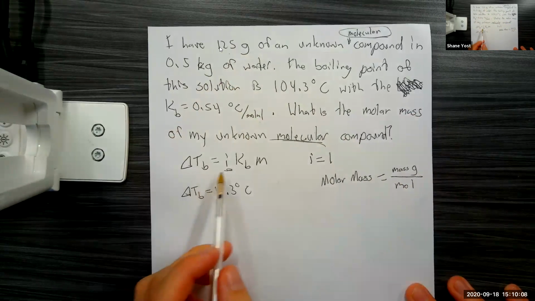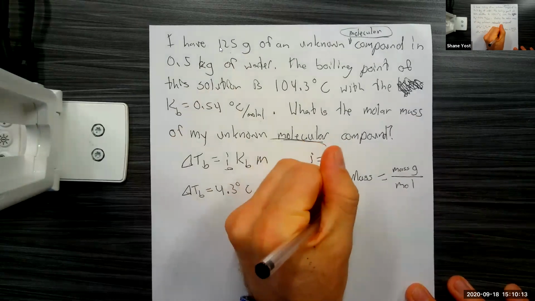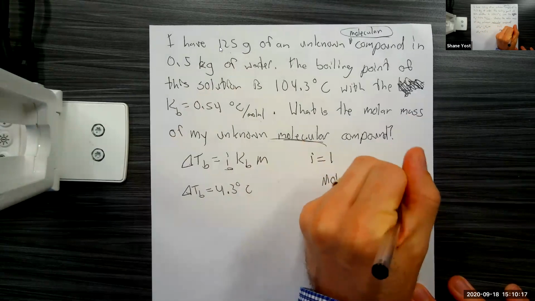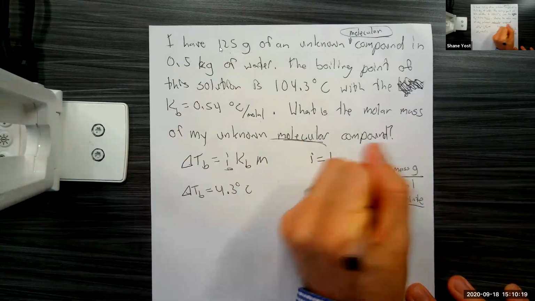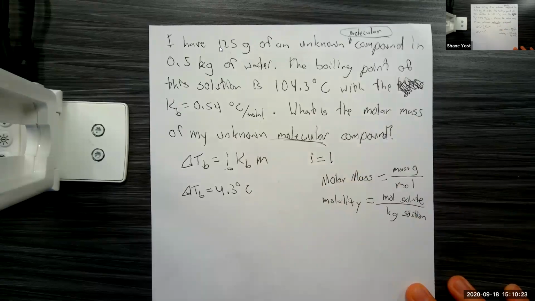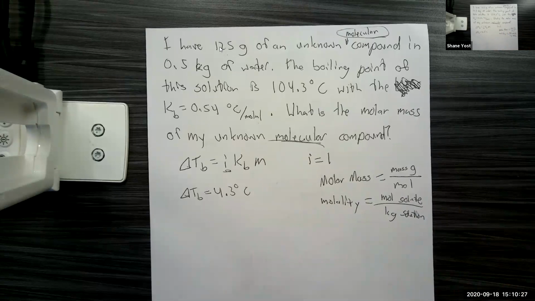And so that is where this comes in, because m here, molality, is defined as the moles of solute over kilograms of solvent. Knowing the definitions of these things is very helpful for solving these types of problems.